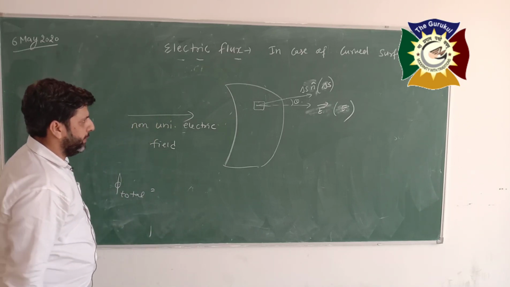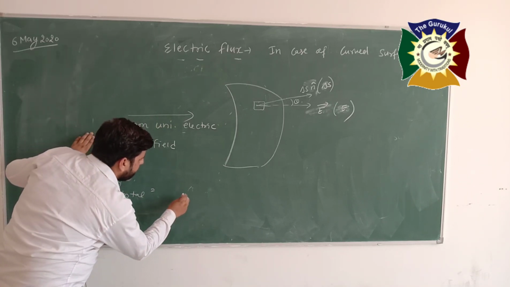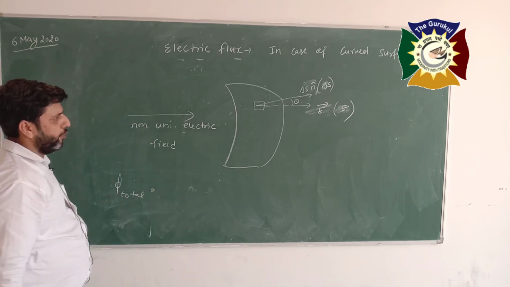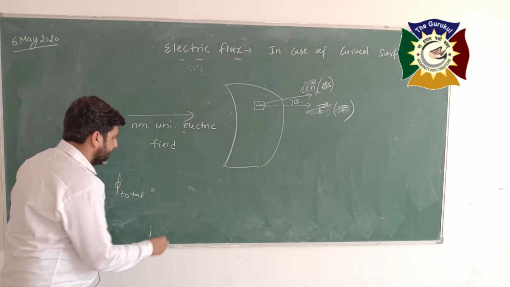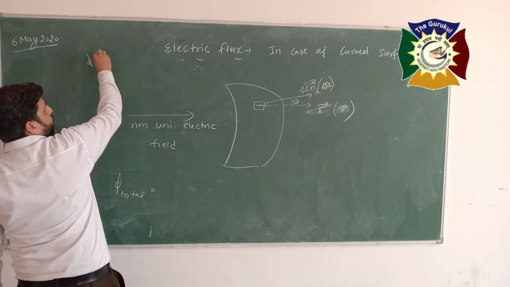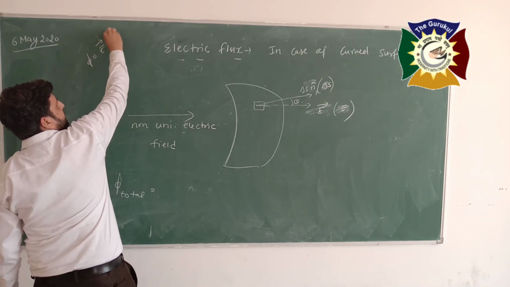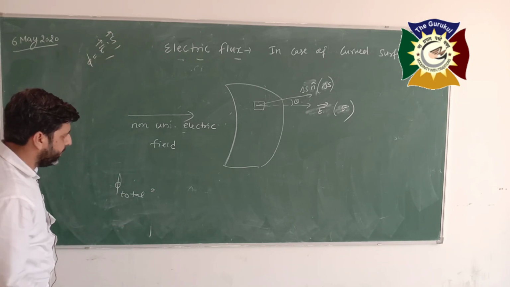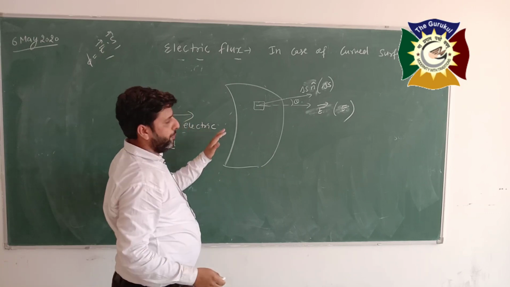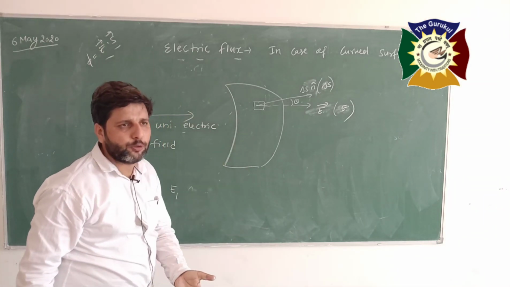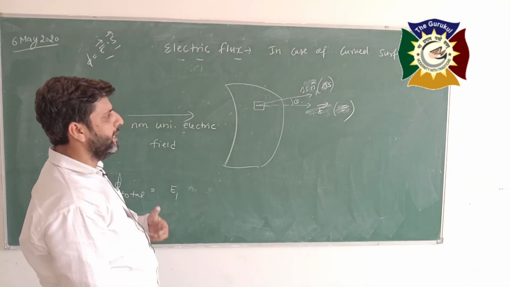Now phi total will be, you know, in the formula I have told you, flux is E dot S. In the last topic we have studied E dot S. Now here the total flux will be E1, because beta it is non-uniform, at every point its value is different.